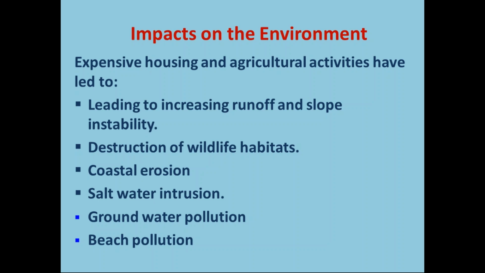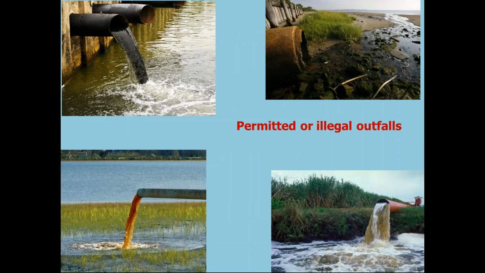We've seen a large destruction of wildlife habitat, coastal erosion due to building on the slopes, and also saltwater intrusion, as pointed out by Dan shortly. This is affecting a lot of the limited water supplies that we have, with groundwater pollution and beach erosion. I will show you some of the pictures of this on the next slide.